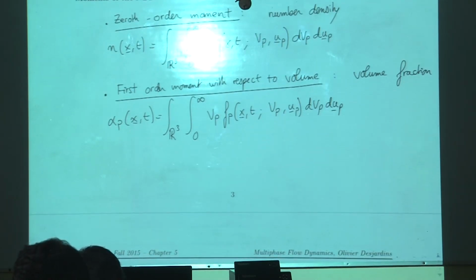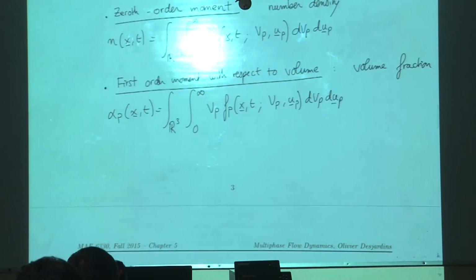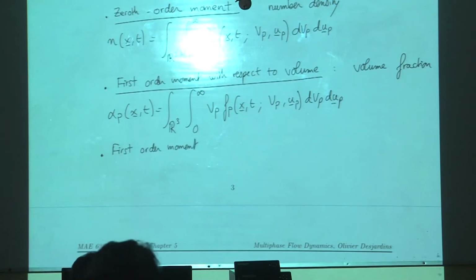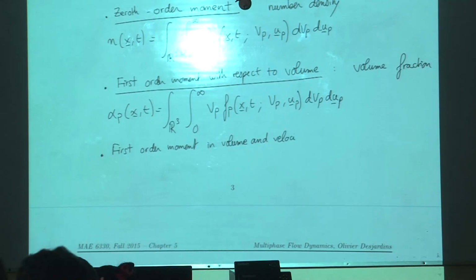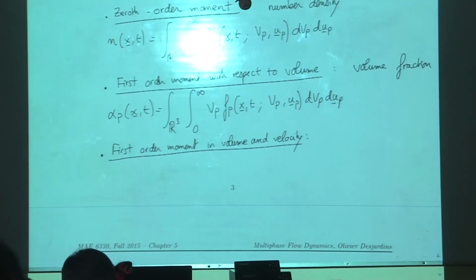Okay, so there's a connection between those very physical concepts we were talking about this morning and this maybe more esoteric statistical way of thinking about particles. We can continue. We can do first order moments in both volume and velocity. And what I'll get is the product between the mean velocity of the particle and the volume fraction of the particle.